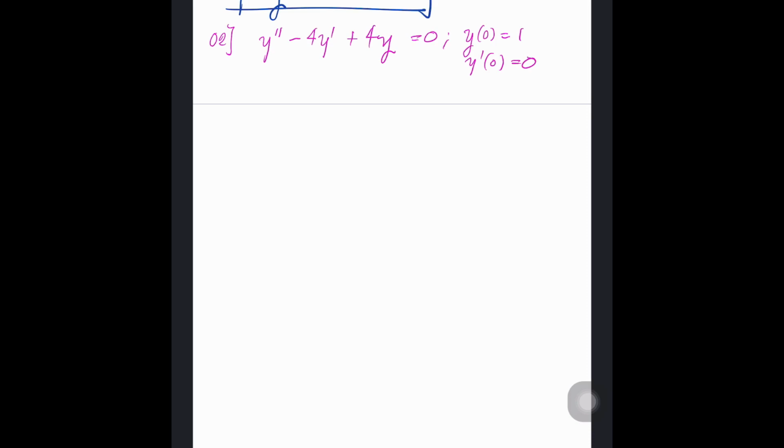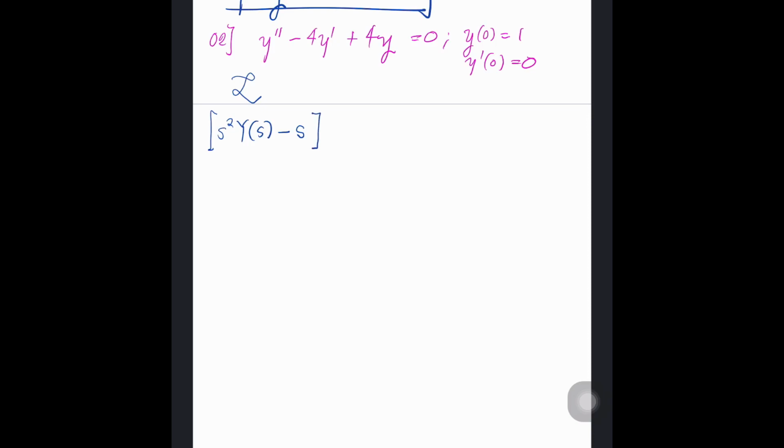So in this example, let's again take the Laplace of each term. The Laplace of y double prime is s squared y of s minus s y of 0, y of 0 is 1, minus 0.